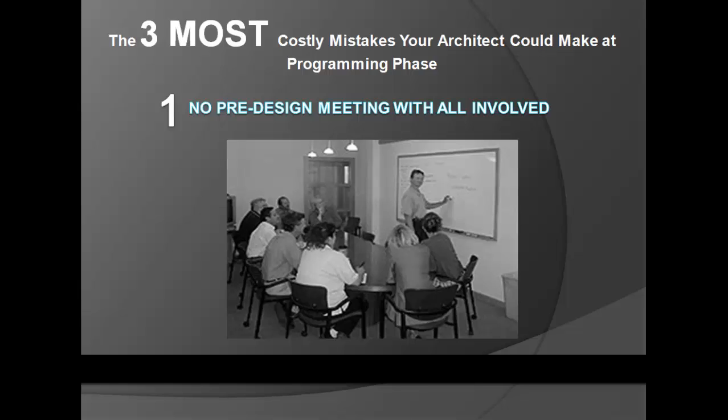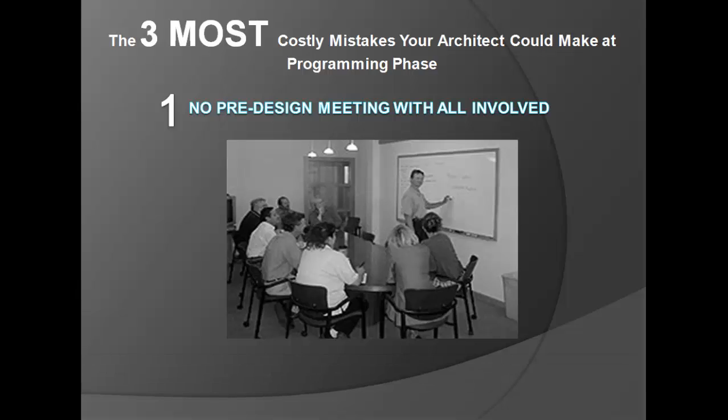Now, these people, of course, would include the owner, the contractor, the tenants or the occupants, the architect, the consultants, and any other party that will have an impact on the design. The sooner the meeting, the better the result. And the graph that I showed you of diminishing influence would apply.